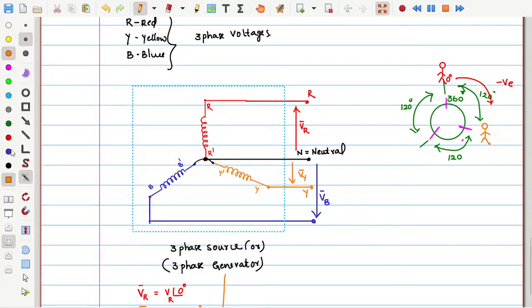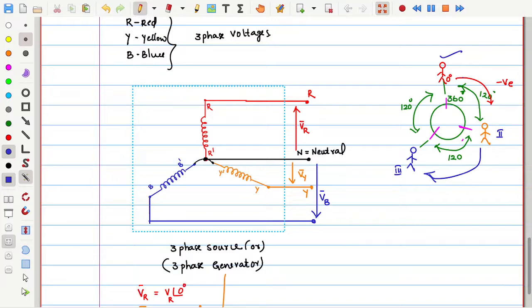Further, if one more friend of yours is standing over here, he is lagging you by a further 120 degrees. This is further minus 120, so minus 120 minus 120, total is 240. This third person is lagging you by 240 degrees, whereas the second person is lagging you by 120 degrees. You are at 0 degree. That is the way you need to understand.